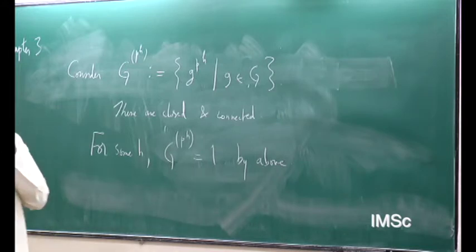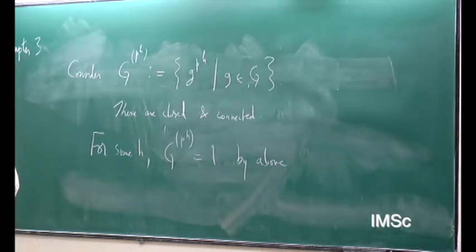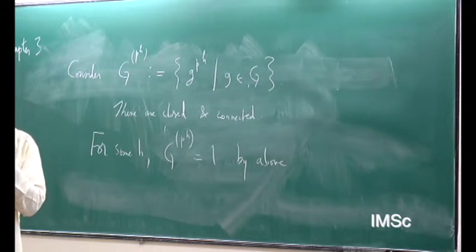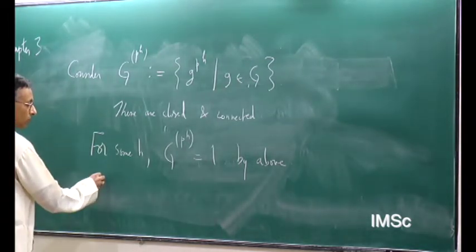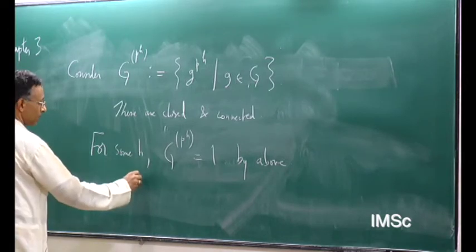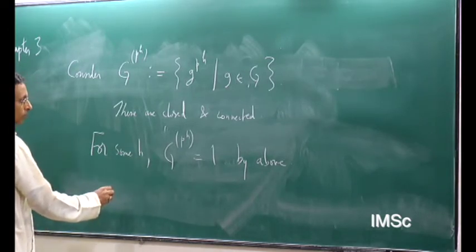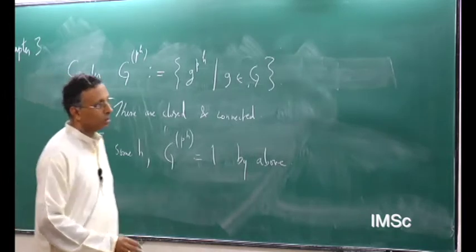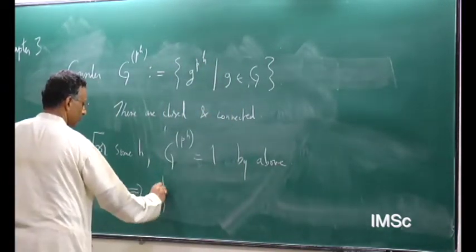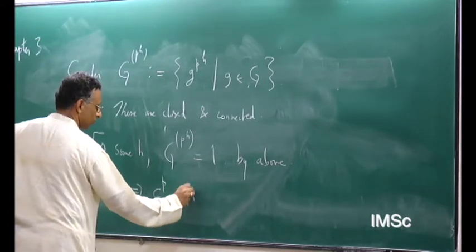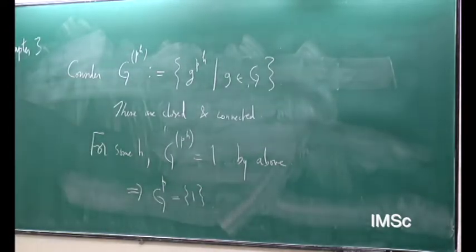Now I claim G to the p must be equal to 1. Why? Because it's closed and connected, therefore it is either 1 or the whole group.